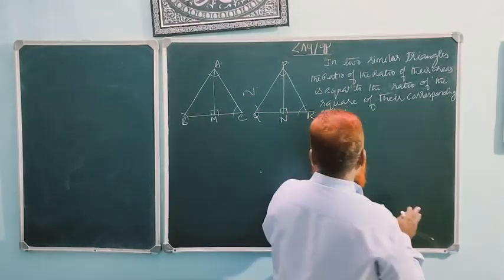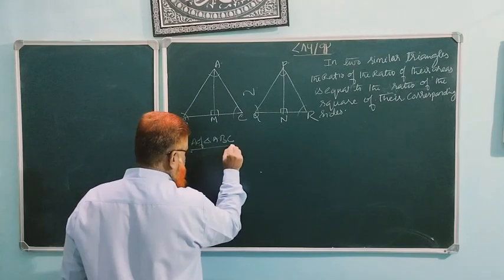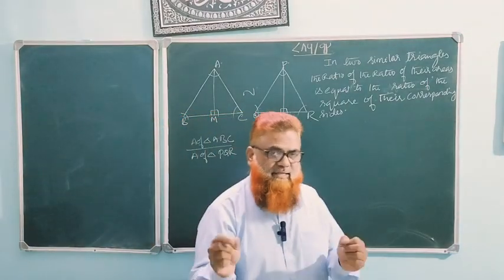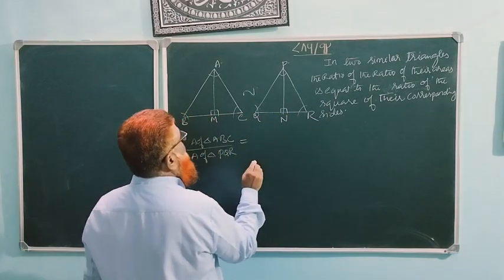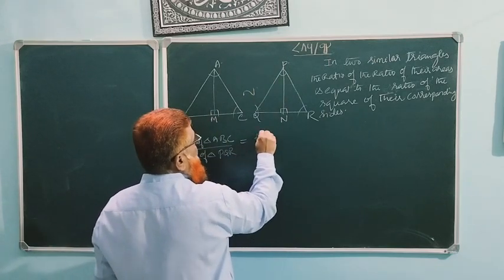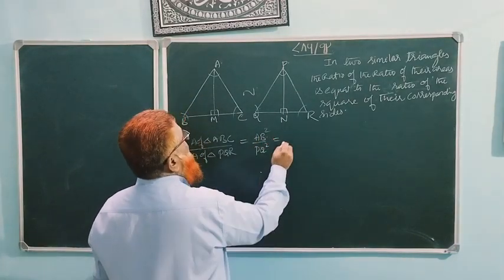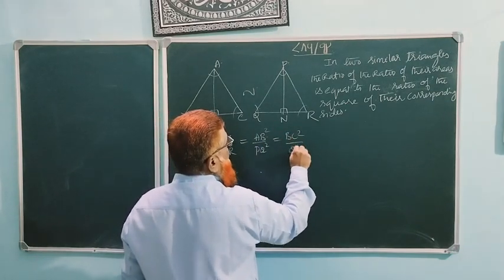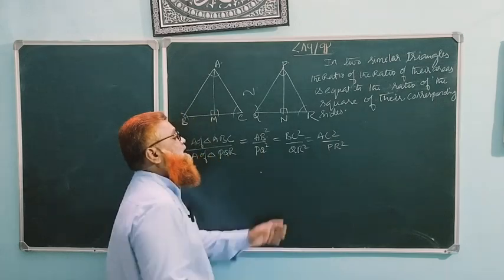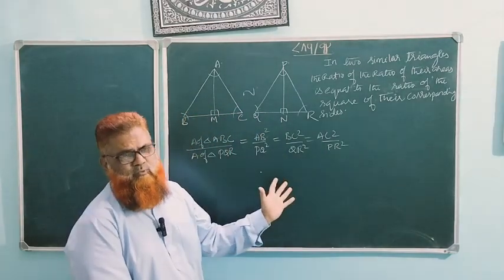We need to prove that the ratio of the areas, the area of triangle ABC by the area of triangle PQR, is equal to the ratio of the squares of their corresponding sides. That is, AB square by PQ square, equal to BC square by QR square, equal to AC square by PR square. This is the only thing we have to prove.